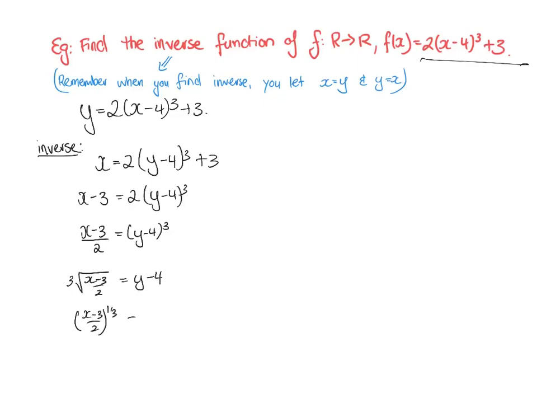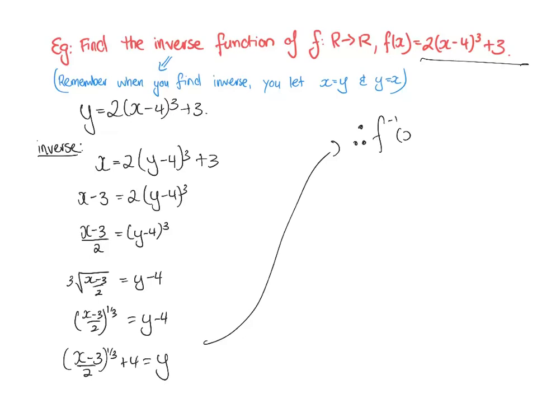So I'll leave it like that. And then we bring the 4 over. So we get x minus 3 to the power of a third, over 2, plus 4 equals y. So therefore the inverse function, so that's the symbol for inverse function, is x minus 3 over 2 to the power of a third plus 4.